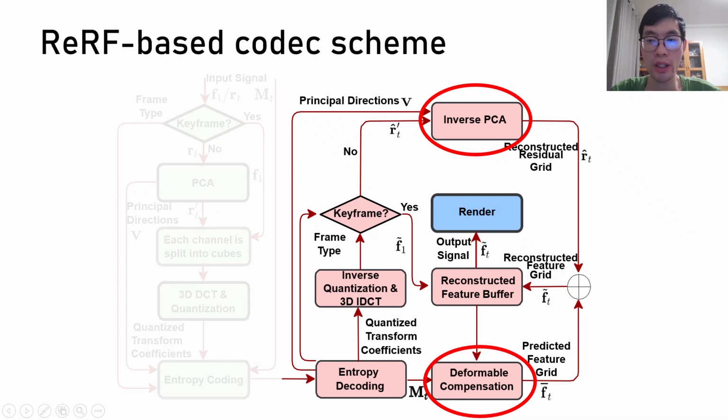If it is not, it will go through the inverse PCA to get reconstructed residual grid, R_t hat, and we will use the decoded motion field M_t and previously reconstructed feature grid F_{t-1} to obtain the predicted current feature grid F_t by deformation. Then it will be sent to the renderer.